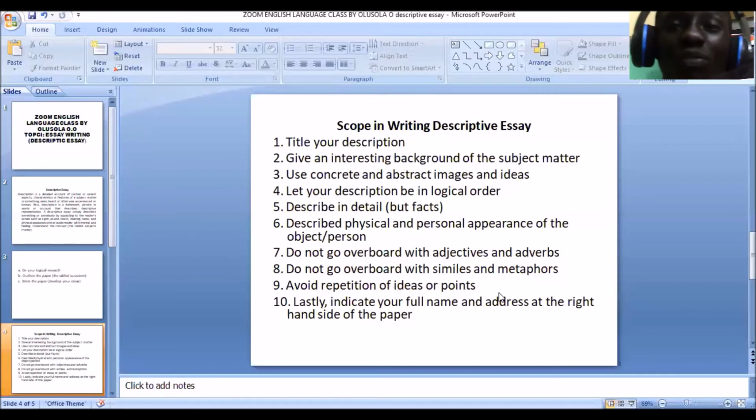Your write-up must feature the physical appearance of that person or that animal or that object. That will give a sense of touch, sense of sound, and so on and so forth.